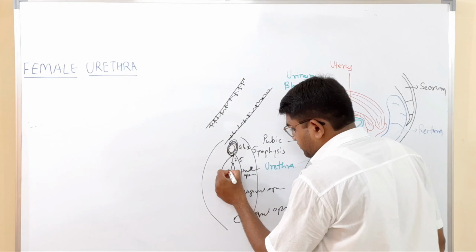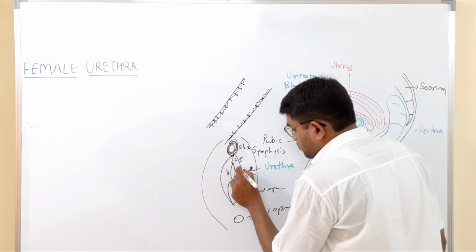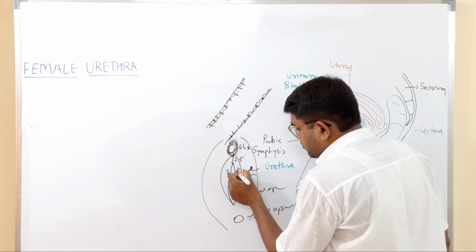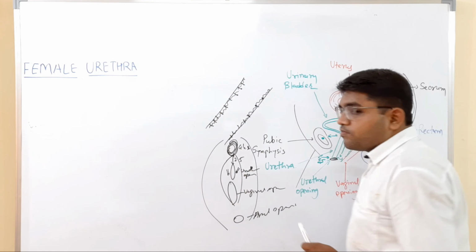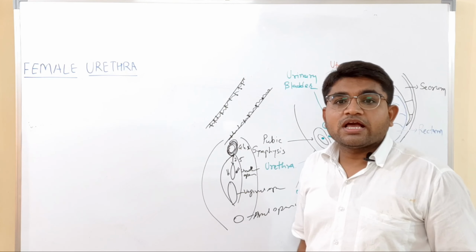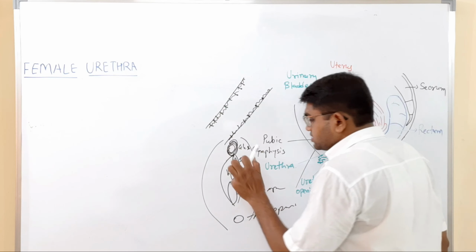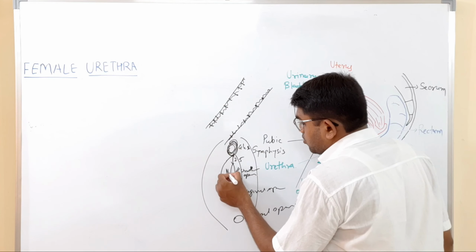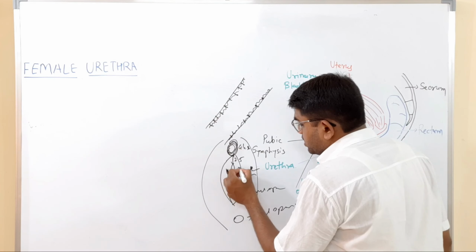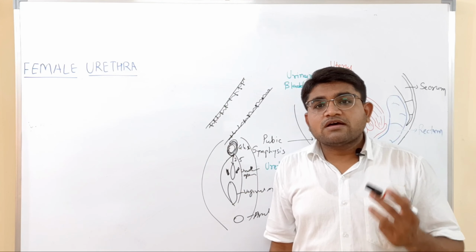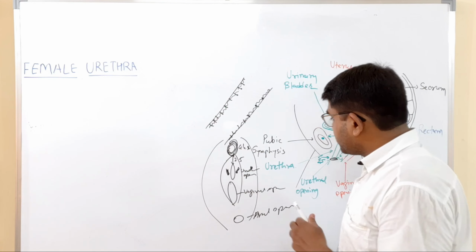On both sides of this external urethral orifice, there is an opening of the urethral gland by the urethral duct. So these urethral ducts of the urethral glands open on both lateral sides of this external urethral orifice.